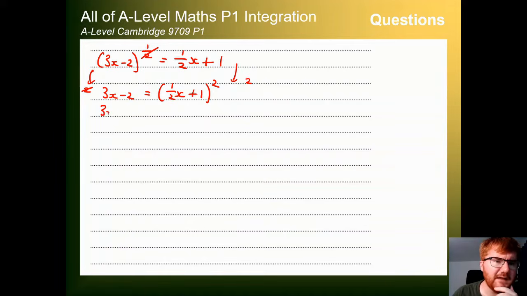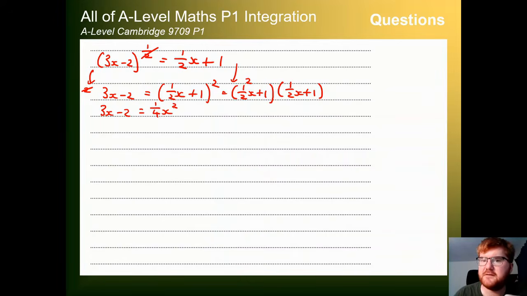So from there, we're now just going to do some expanding brackets. Remember that this means the same thing as a half x plus 1 times a half x plus 1. If we use FOIL or eyebrow, there's lots of different ways of describing it, we then get a quarter x squared. I'm going to speed through this a bit. A half x plus a half x, that's equal to 1x. 1 times 1 is 1.